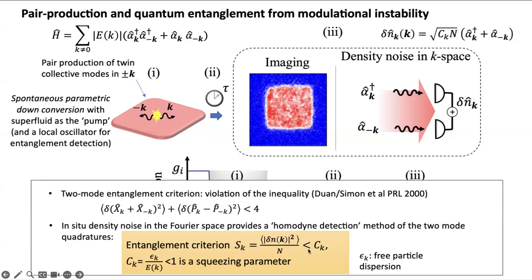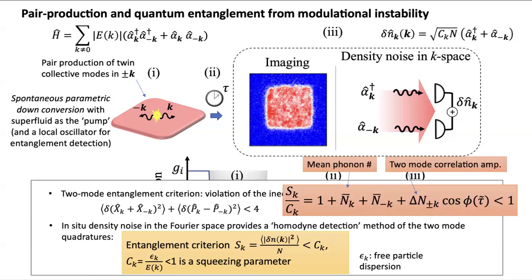As long as it is smaller than this C_k, which I call the squeezing parameter, basically the ratio of free particle dispersion divided by phonon dispersion, this means that this inequality, bigger than 4, is violated. Then I show quantum entanglement.